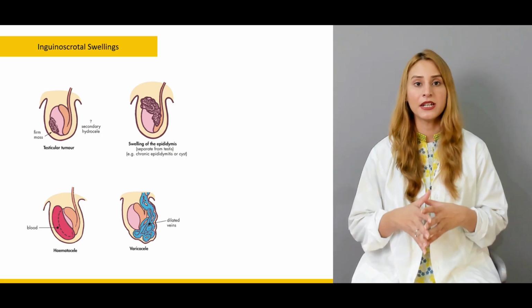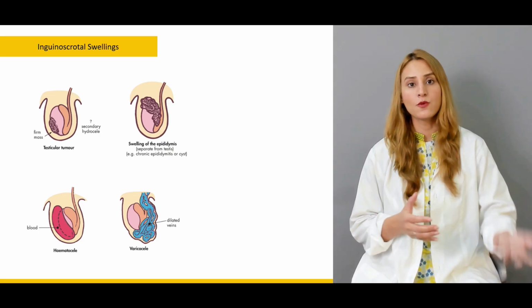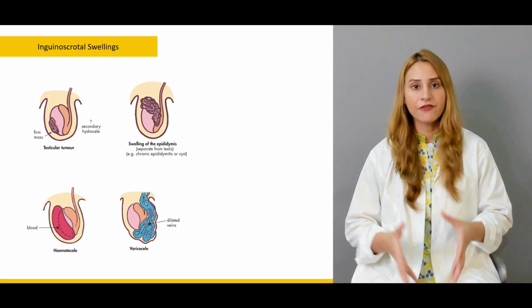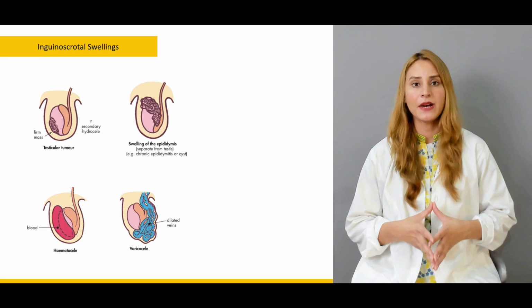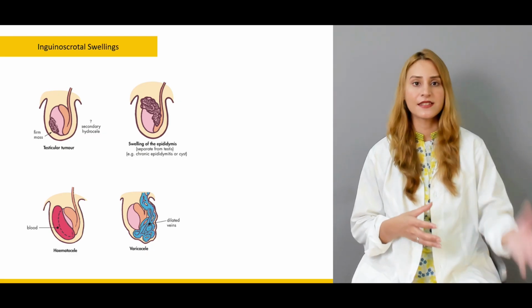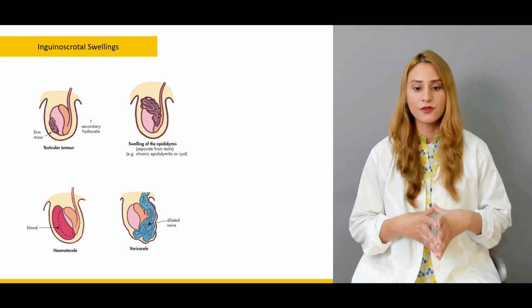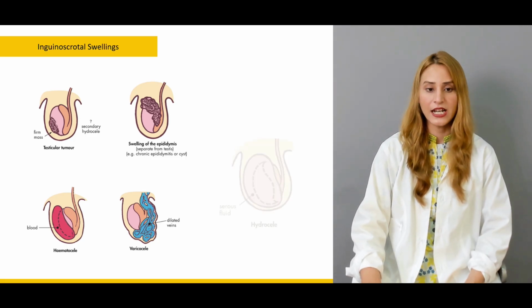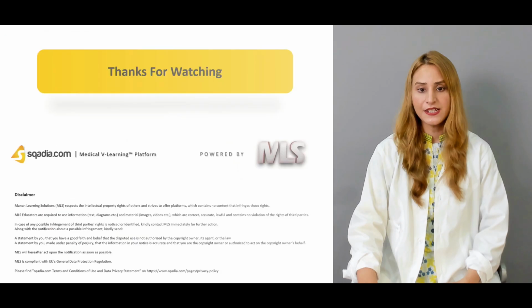And when you are examining a patient for inguinal or femoral hernia, these things should come in the differential diagnosis: it can be spermatocele, hydrocele, encysted hydrocele of the cord, hematocele, varicocele, or it can be testicular tumor or epididymo-orchitis. You can see here as well.